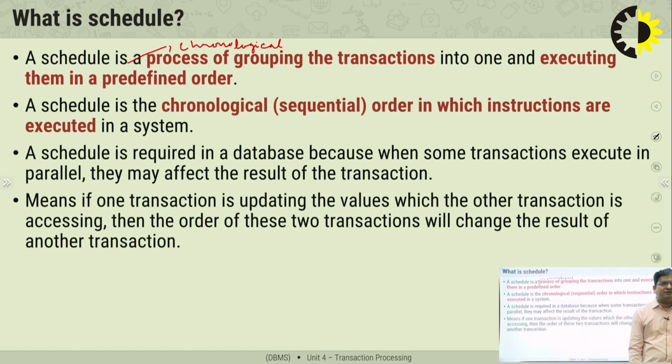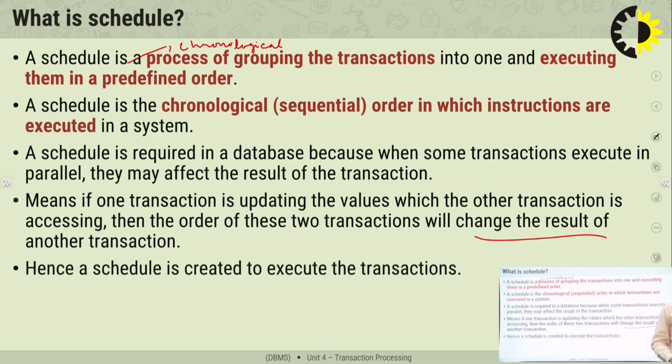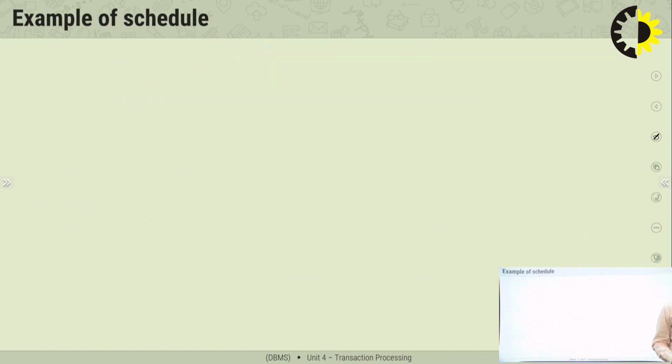If one transaction is updating a value which another transaction is accessing, then the order of these transactions will change the result of the other transaction. That is a very critical thing that we have to consider. Hence, a schedule is created to execute the transactions.